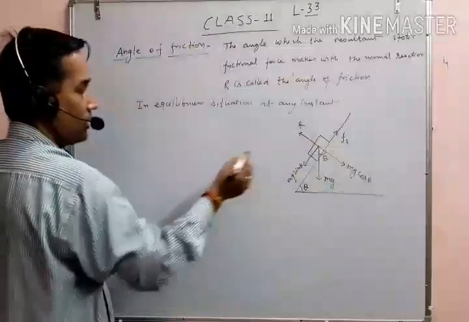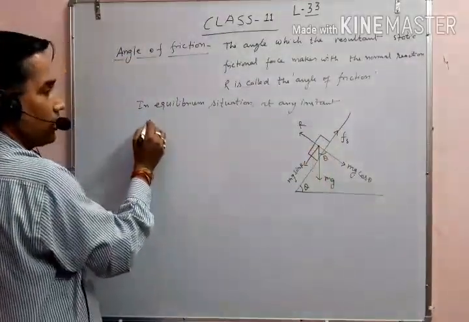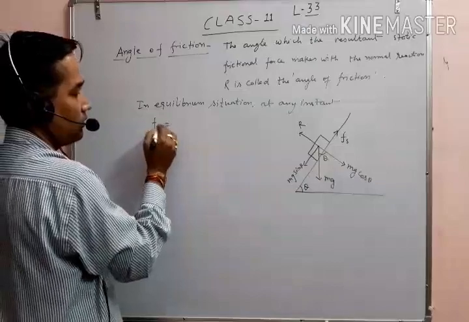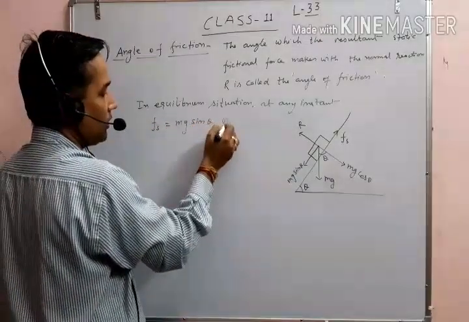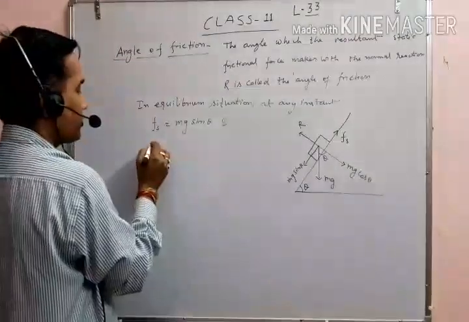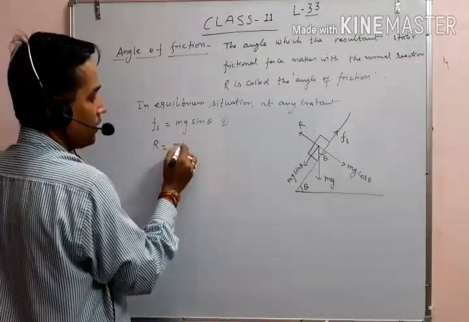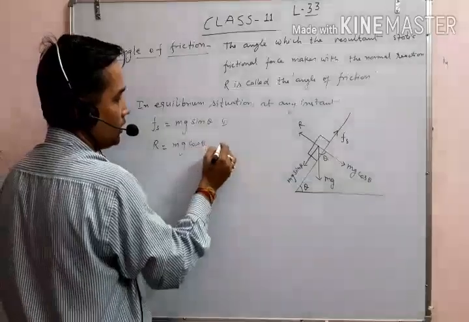So here you can say this is equal to that, Fs is equal to mg sin theta, take this as one, and same here reaction R is equal to mg cos theta, second.